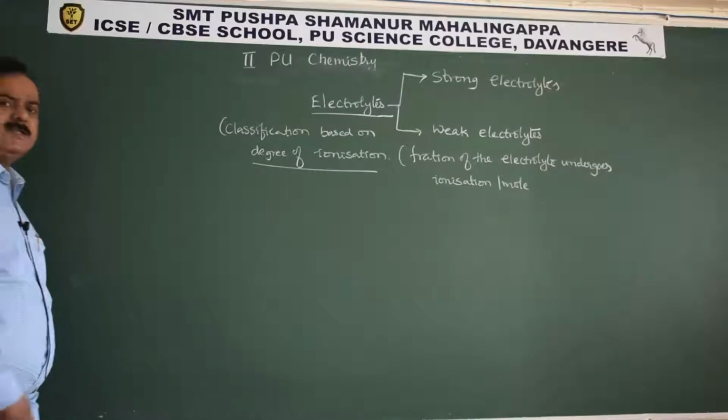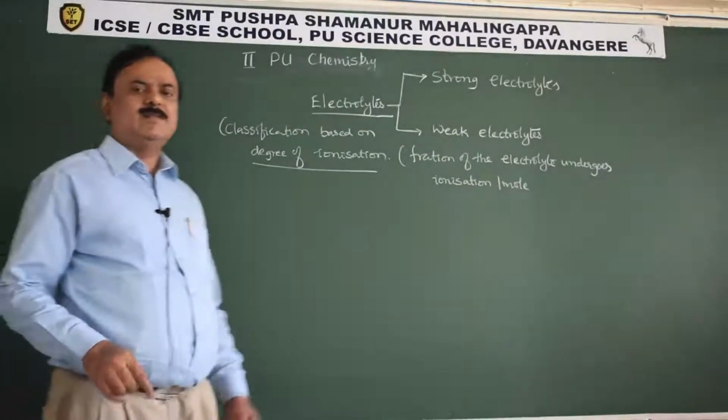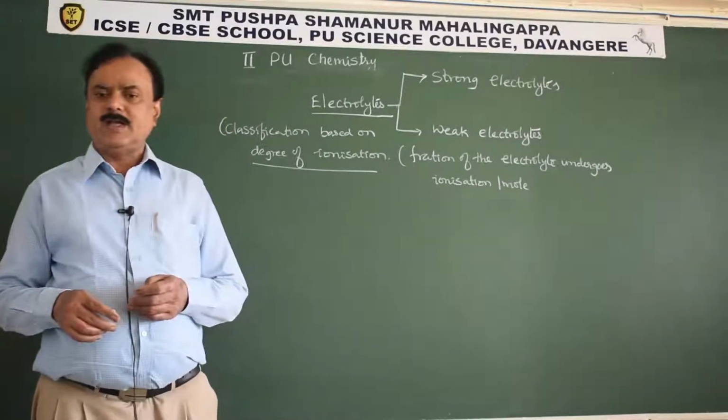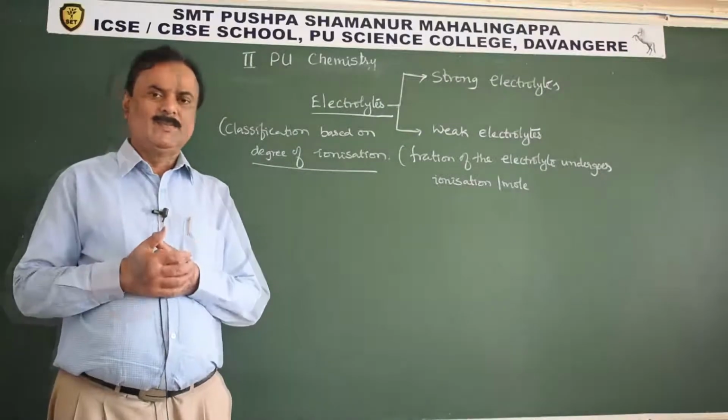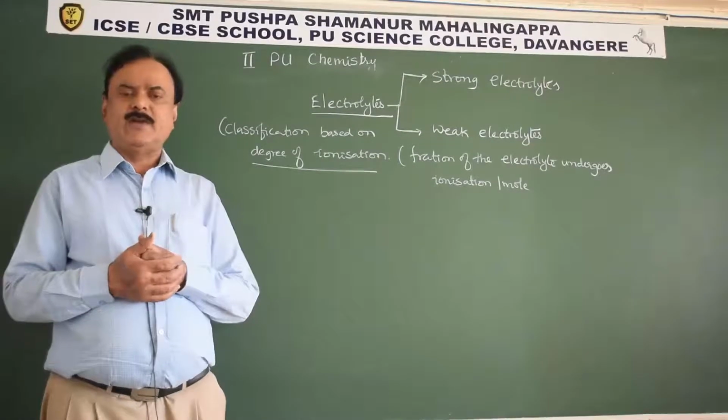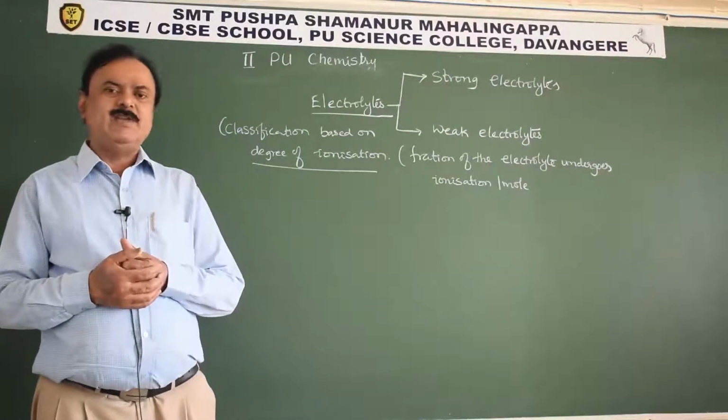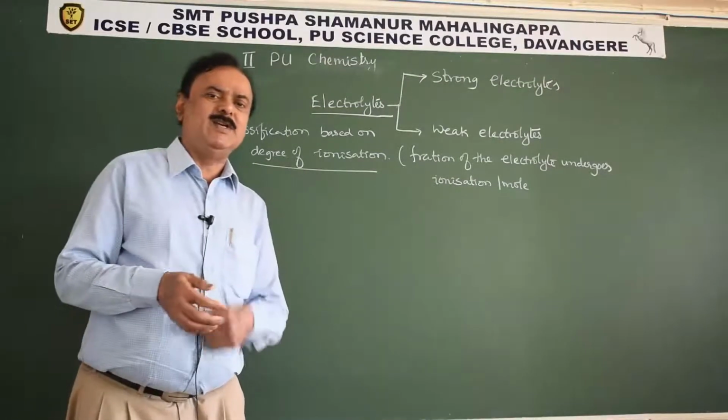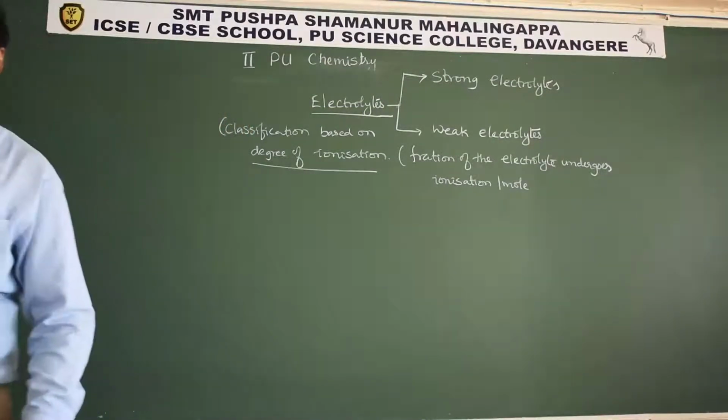What do you mean by electrolytes? Electrolytes are chemical substances that undergo ionization in aqueous medium. In strong electrolytes, the degree of ionization is maximum. In weak electrolytes, the degree of ionization is minimum.